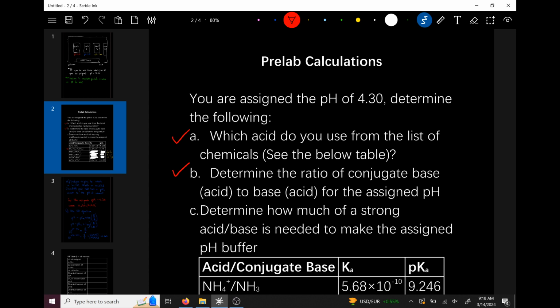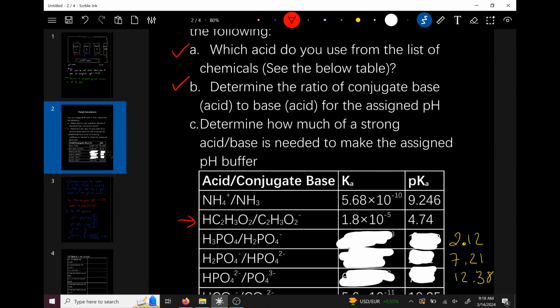Because what we're doing in lab is we're only giving you one of these. Of course, if you're working in a different laboratory, you could figure out the concentration of both of these. This would be a solution. This would probably be a solid salt of some kind. You can figure out how much of this you need in concentration and then that would give you the pH directly. But here we're only giving you one, and you have to force the reaction to make the other by adding either HCl or sodium hydroxide, just like we did our titration curve in class last week.